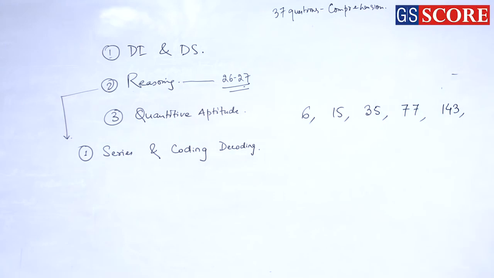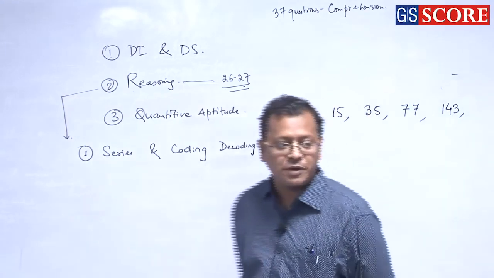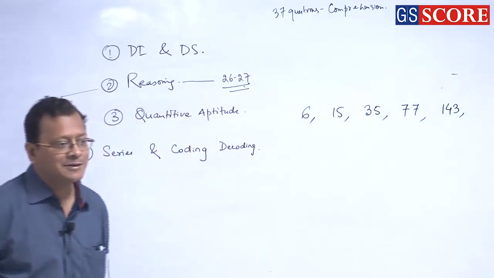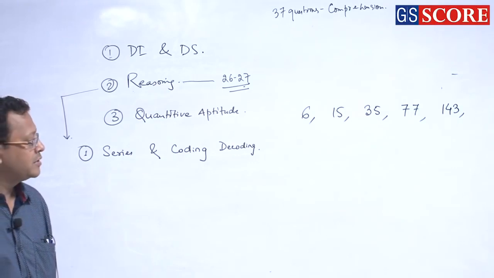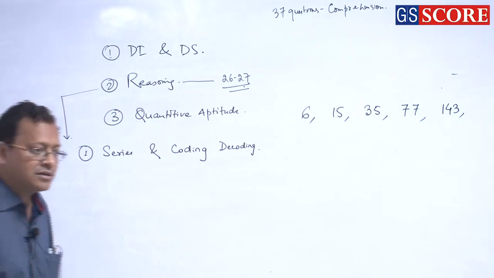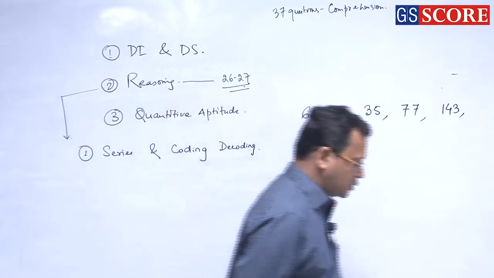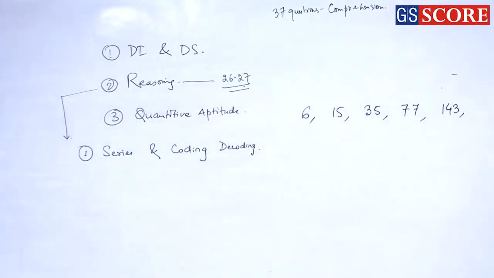But the hint for this question is, it is related to prime numbers. Everybody knows what a prime number is, right? 2, 3, 5, 7, 11. Clear or not? But it is related to prime numbers only.